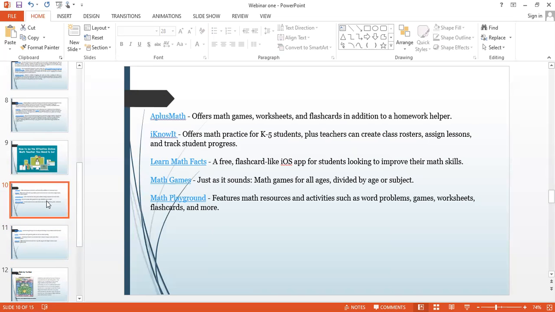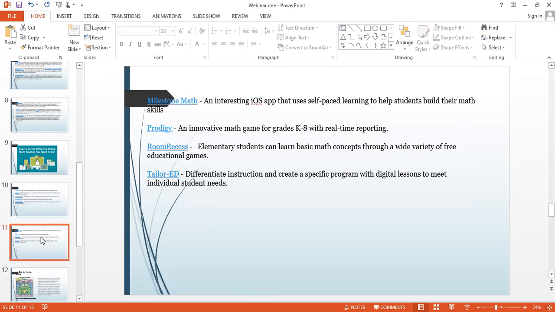Playground features math resources and activities such as word problems, games, worksheets, flashcards, and more. Milestone Math, an interesting iOS app that uses self-paced learning to help students build their math skills.